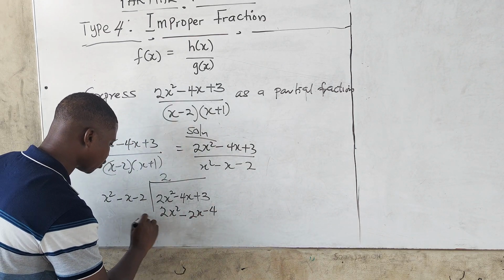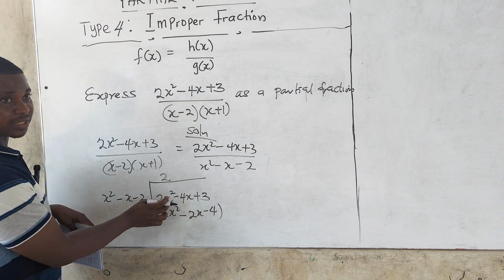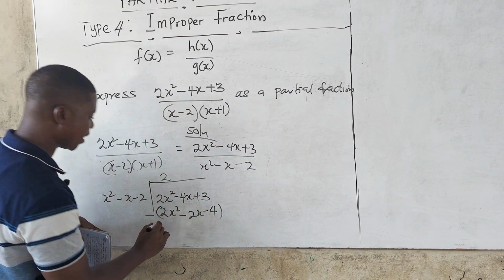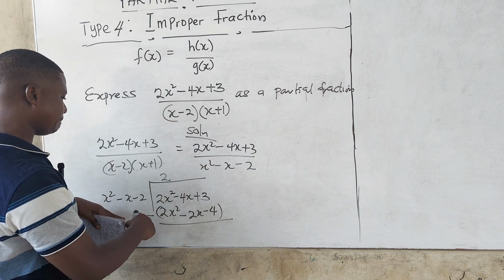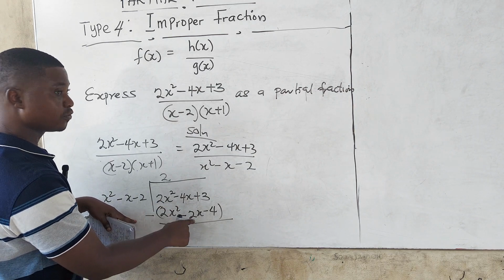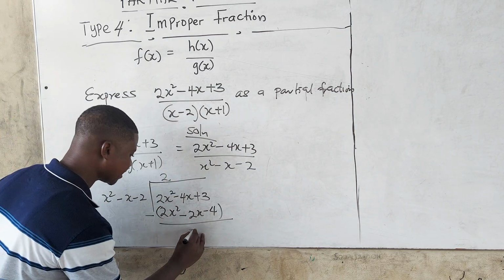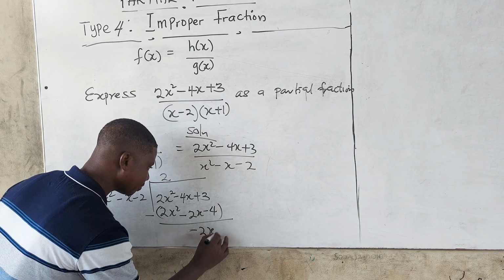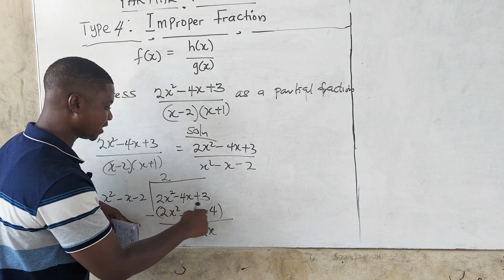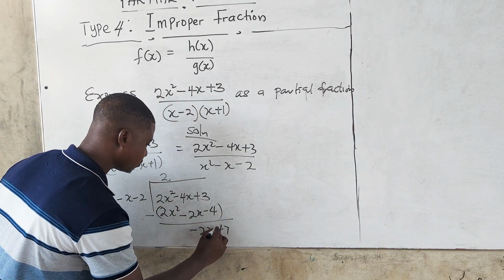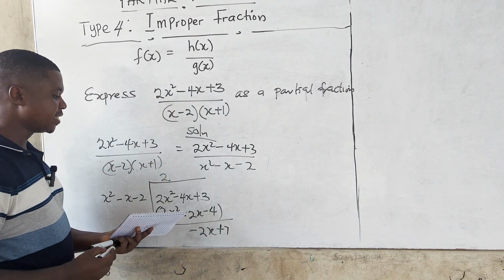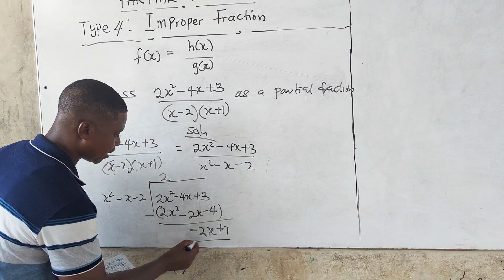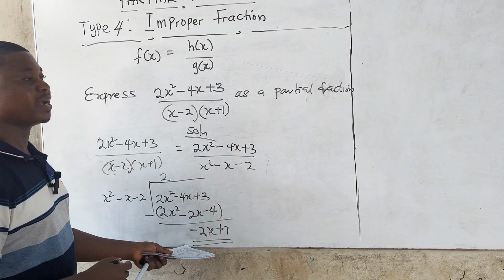Now we can subtract. 2x squared minus 2x squared is 0, gone. Minus 4x minus negative 2x gives minus 2x. Then 3 minus negative 4 is plus 7. But this one cannot go into that, so it becomes a remainder.